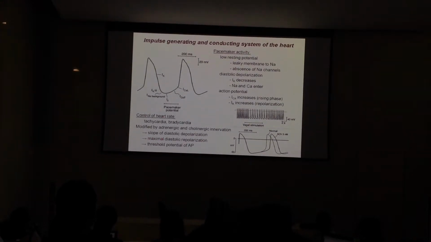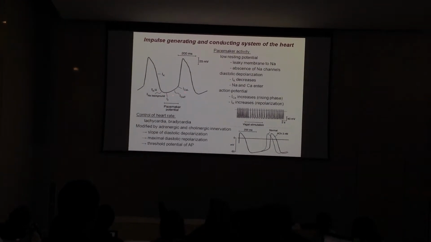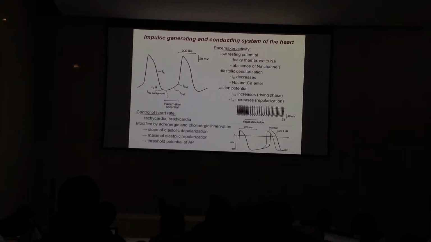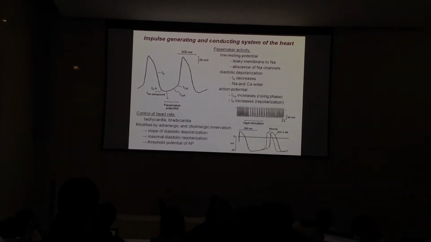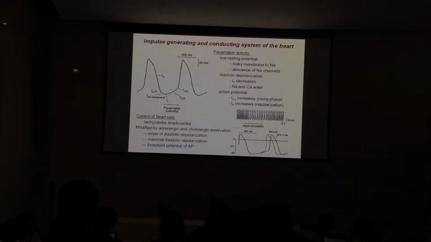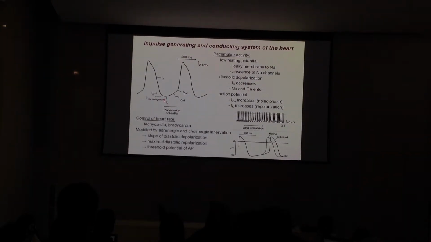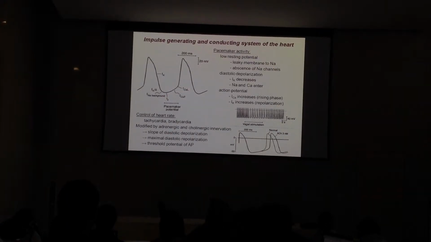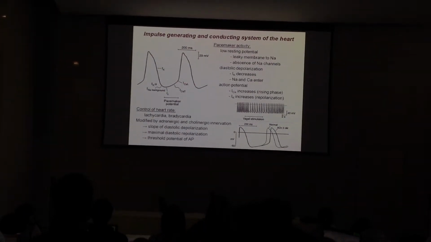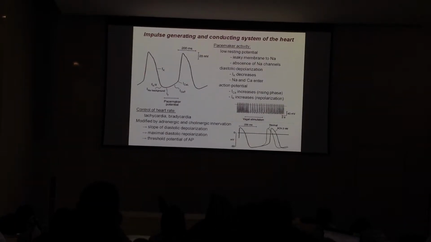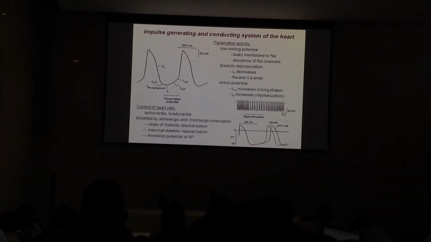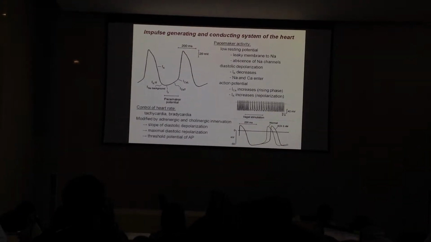The other possibility is the value of the diastolic repolarization, the more negative value. In this case, if it is a more negative value, the diastolic depolarization will start from here and takes longer time to reach the opening of the calcium channels with the same steepness. But on the other hand, the threshold of the opening of the calcium channels can change also.